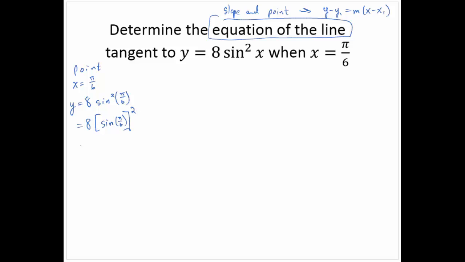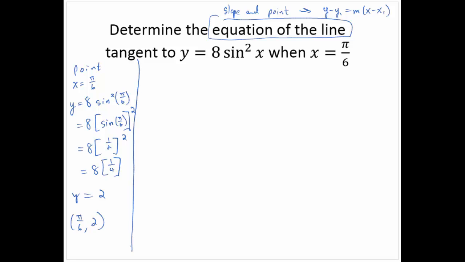From my trigonometry, the sine of pi over 6 is 1/2. So that's 8 times 1/4, which is 2. So if x is pi over 6, y is 2, so I have the point pi over 6, comma 2.